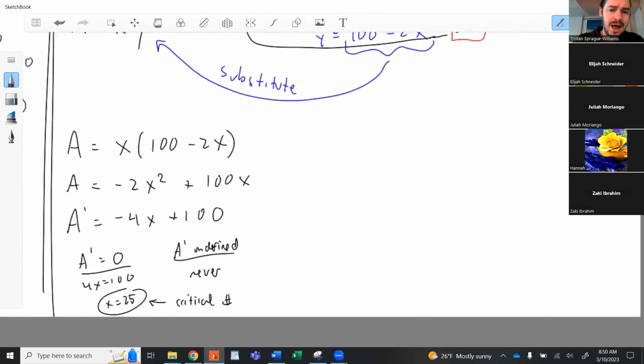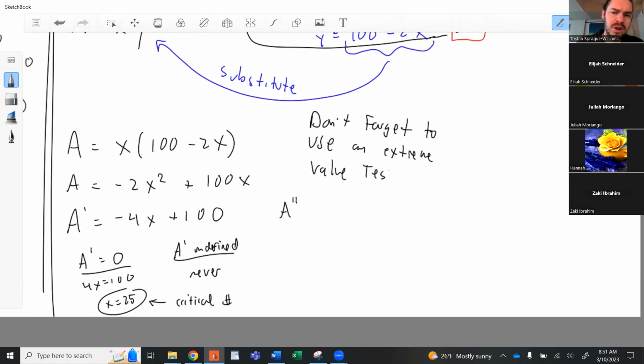And then I can use an extreme value test of some kind. So don't forget to use an extreme value test.